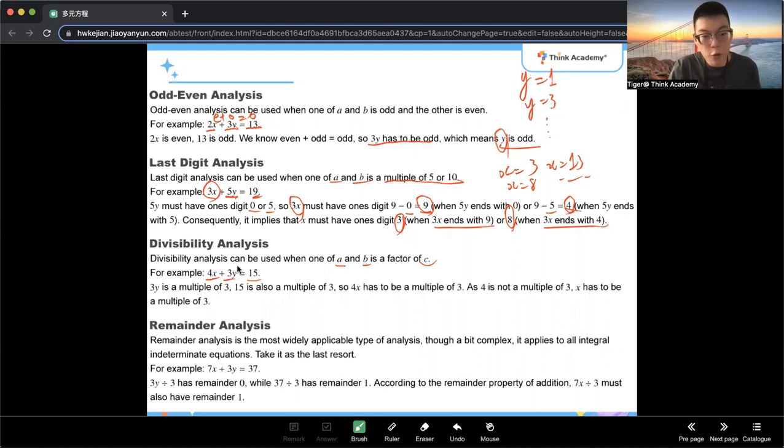Which means that both 3y and 15 are divisible by 3. So now if I'm adding something to a multiple of 3 and I still get a multiple of 3, it means that the something I've added has to be a multiple of 3. Does it make sense?